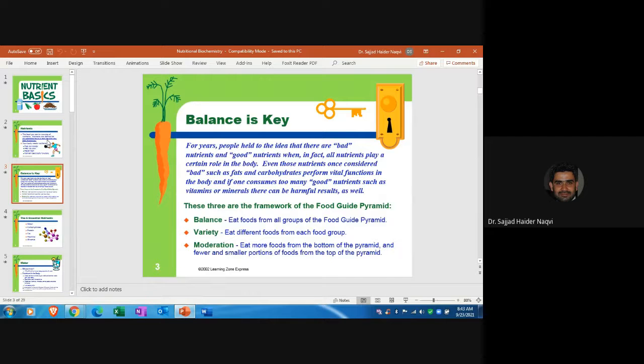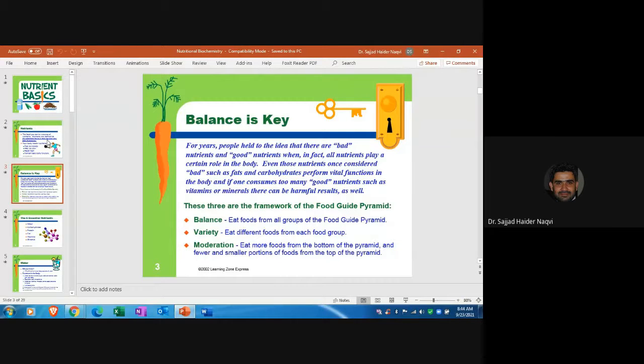And then the third thing is called moderation. What does moderation mean? Eat more foods from the bottom of the pyramid and smaller portions as you go to the top of the pyramid. I'm sure you guys understand the shape of the pyramid. So moderation is again part of maintaining which portion of the nutrients must be taken in a bigger amount and which in a smaller amount.